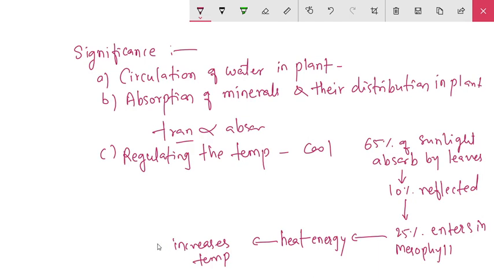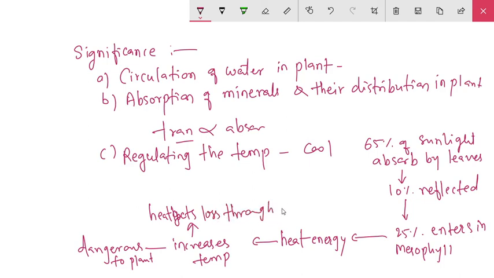And it will be dangerous to the plant. But what happens? This heat gets lost through water vapor.